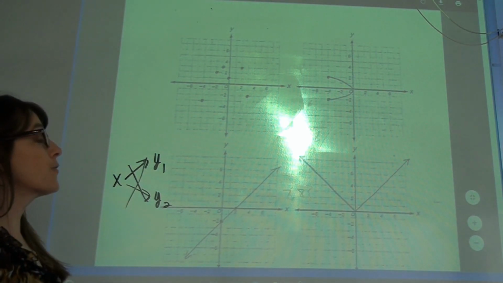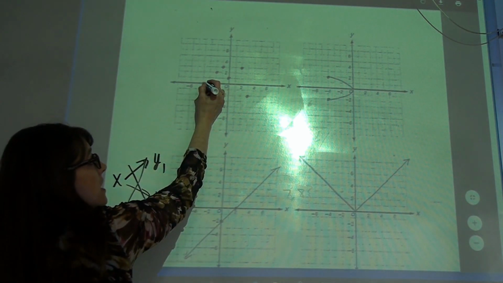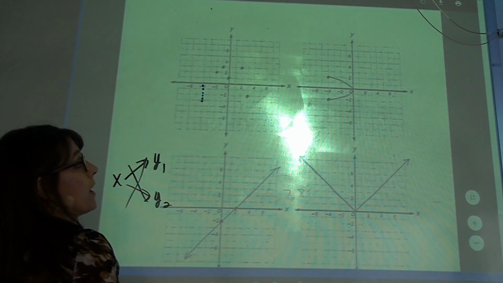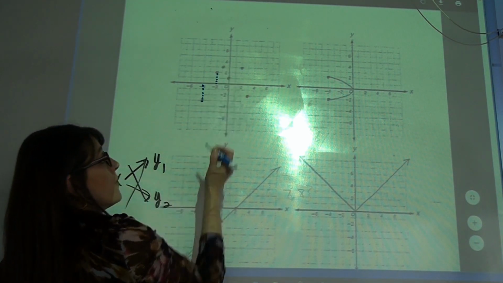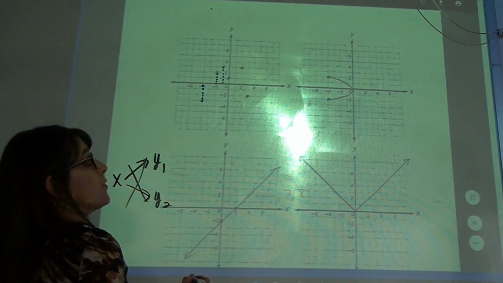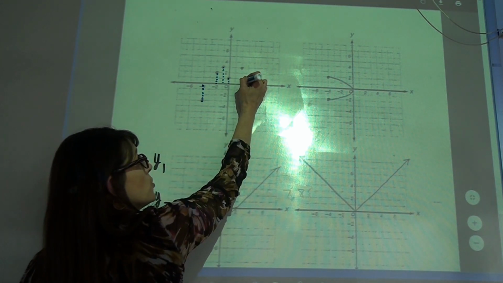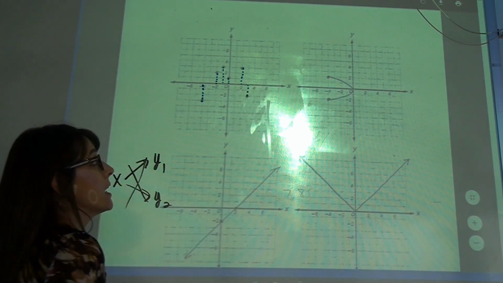So if I look at this first graph, notice what's happening here is this x of -4 comes down to a value of -3. This x of -2 comes up to a value of 2. This x of -1 comes up to a value of 3. This x of 0 comes up to a 1. This x of 2 comes up to a 3, and this x of 3 comes down to a -2.